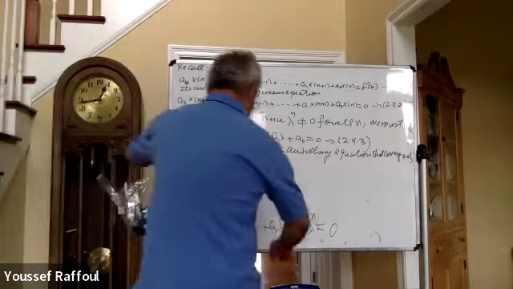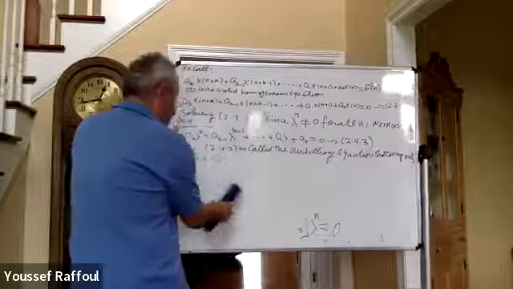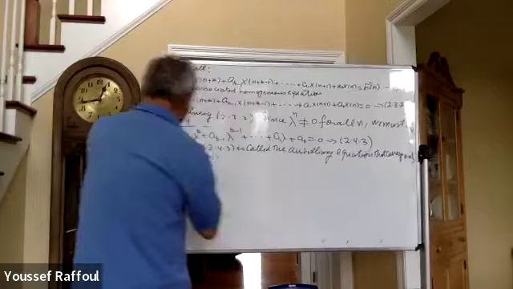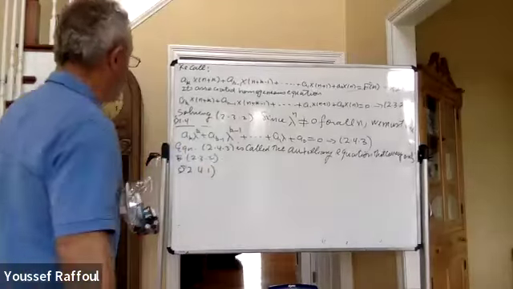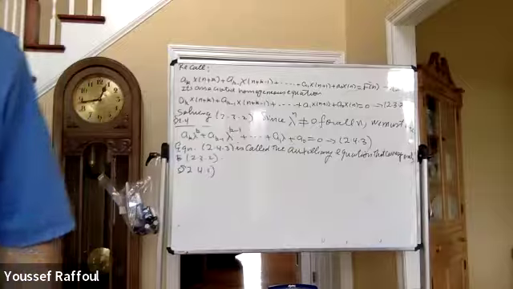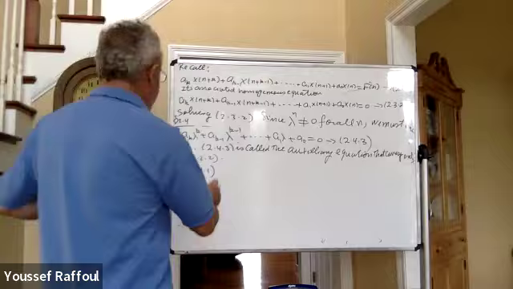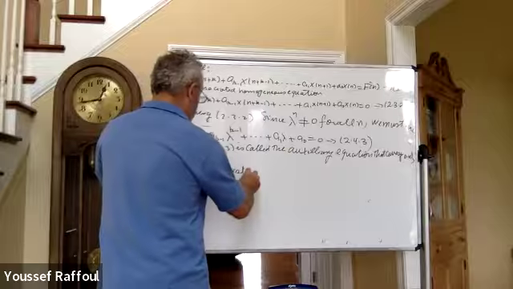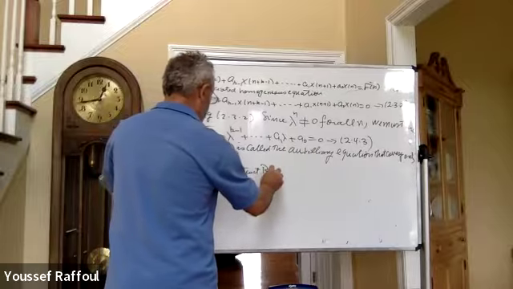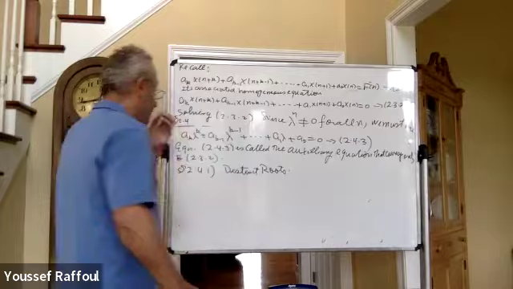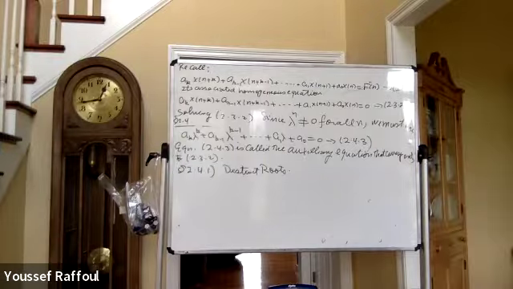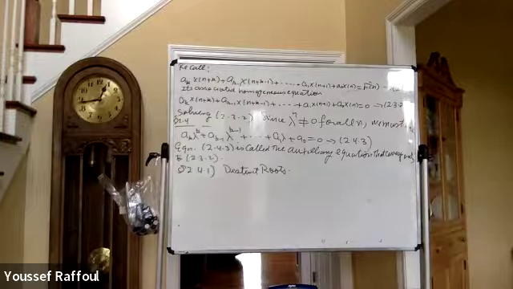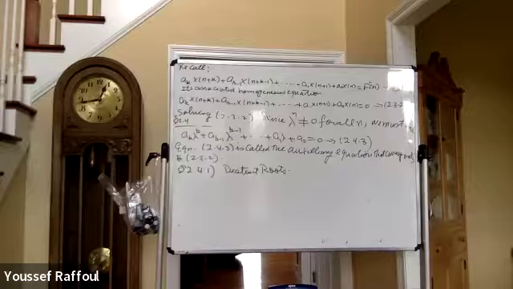All right. So next, this is section 2.4.1, and it's called distinct roots.